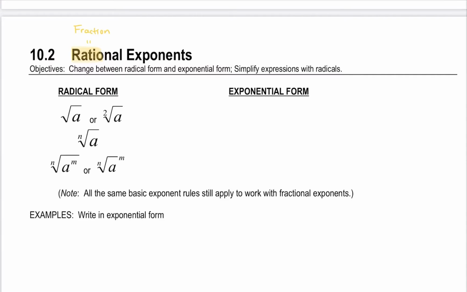So the most basic one that we use the most often, that we want to first just observe here, is our a to the 1/2 power. So when we're working on a plain square root, that is the same thing as a to the 1/2 power. And in particular, let's look at how it is the denominator that comes from the index of the radical.